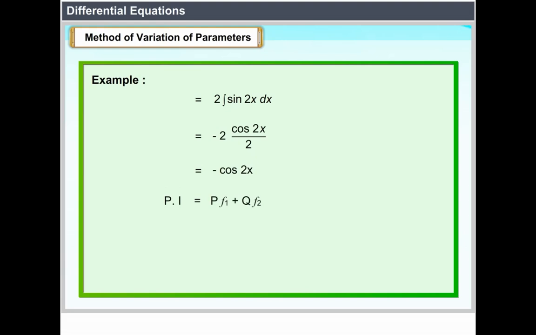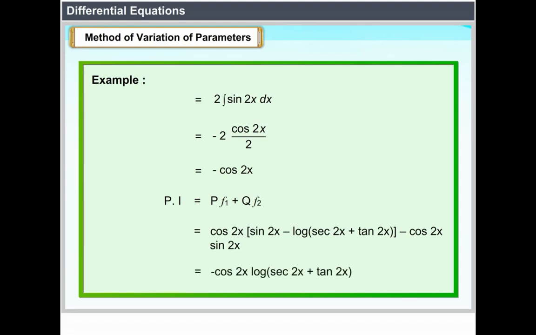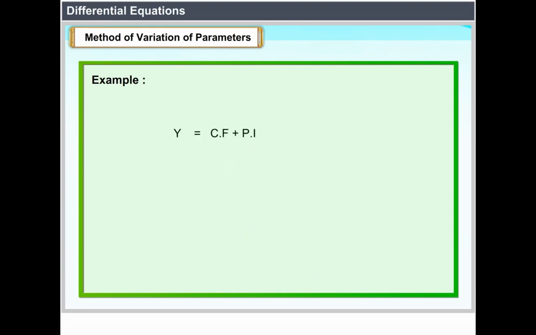PI = Pf1 + Qf2 = cos 2x [sin 2x − log(sec 2x + tan 2x)] − cos 2x sin 2x = −cos 2x log(sec 2x + tan 2x). Y = CF + PI = a cos 2x + b sin 2x − cos 2x log(sec 2x + tan 2x).